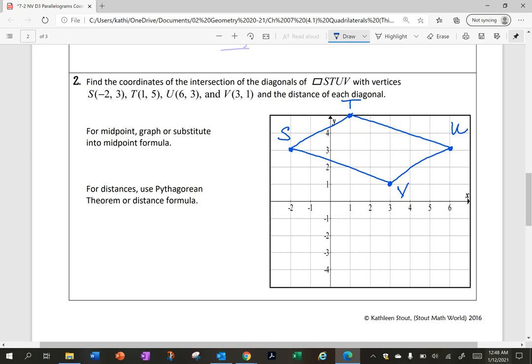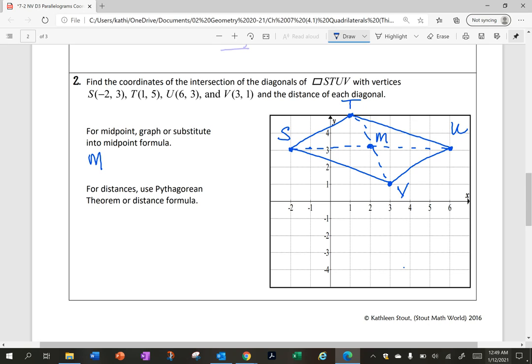So I want to find the intersection of the diagonals. The intersection of the diagonals is going to be the midpoint. I notice I have a horizontal line here, so I'm going to call this the midpoint. I can just count halfway, right?